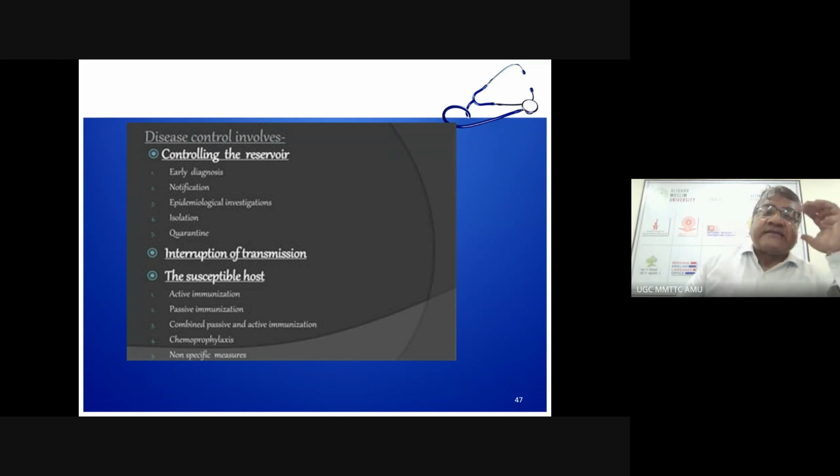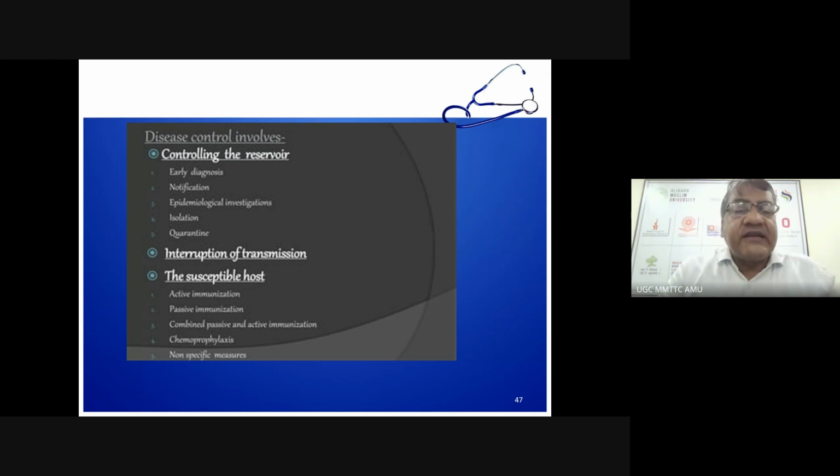Controlling the reservoir हम कैसे करेंगे? Early diagnosis, जल्दी से हमें पता लग जाए, जल्दी से डायग्नोज कर लें, नोटिफिकेशन कर दें उसका, एपिडोलॉजिकल इन्वेस्टिगेशन कर दें, घर टू हाउस आइसोलेट कर दें इफेक्टेड पर्संस को एंड क्वारंटाइन.